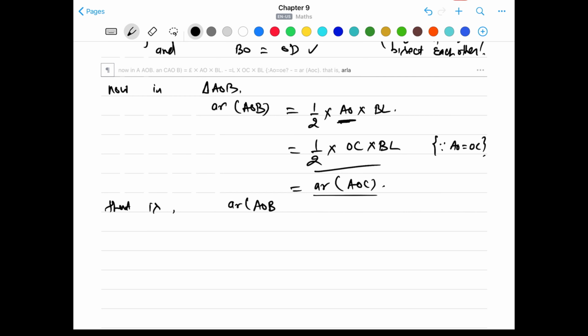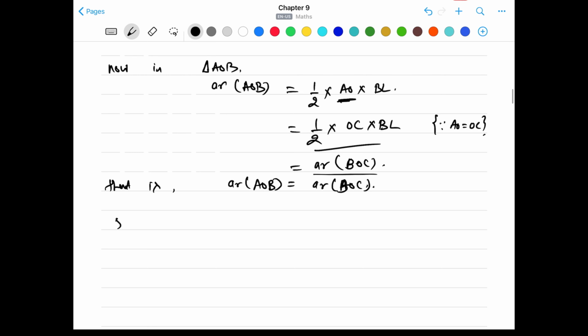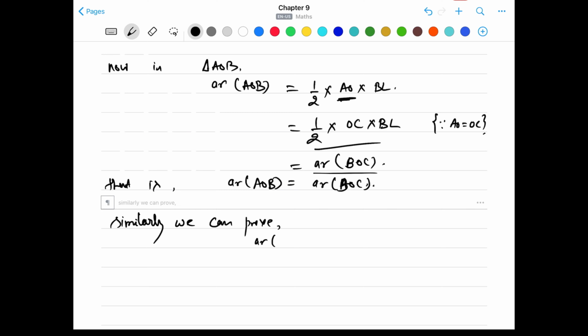Instead of doing that again and again, we'll write: similarly we can prove that the area of triangle BOC is equal to the area of triangle COD, the area of triangle COD is equal to the area of triangle DOA, and the area of triangle DOA is equal to the area of triangle BOC.